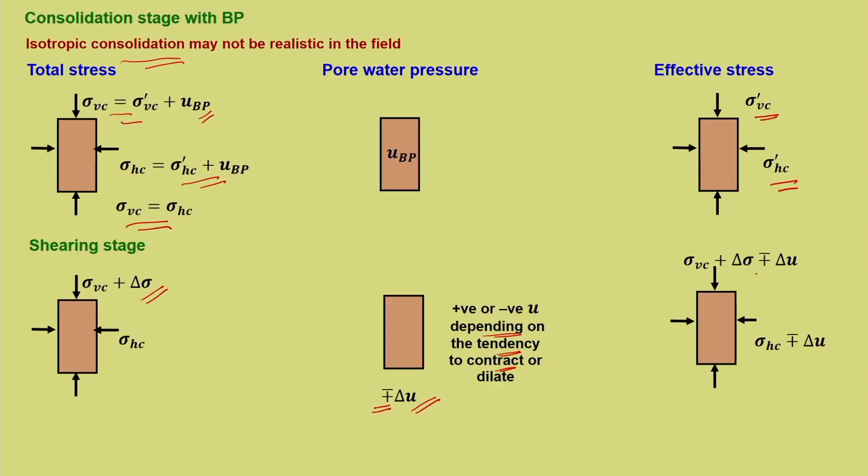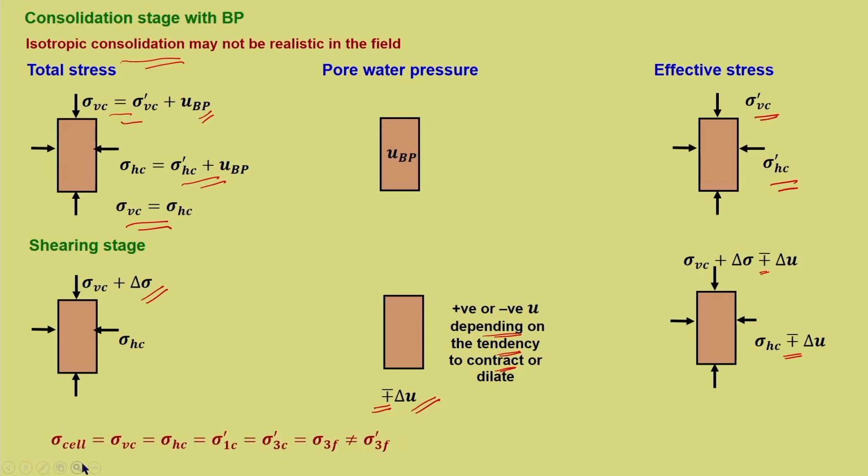So, a dilating sample will try to exhibit negative pore water pressure or decrease in pore water pressure, whereas those samples which tend to compress will achieve positive pore water pressure, because drainage is not permitted, it translates to pore water pressure. So, hence the effective stress will be sigma Vc plus delta sigma plus or minus delta u. So, this sign depends upon the behavior during shearing. Similarly, for sigma Hc. So, this is the stress condition of the sample during consolidation and during shearing stage.